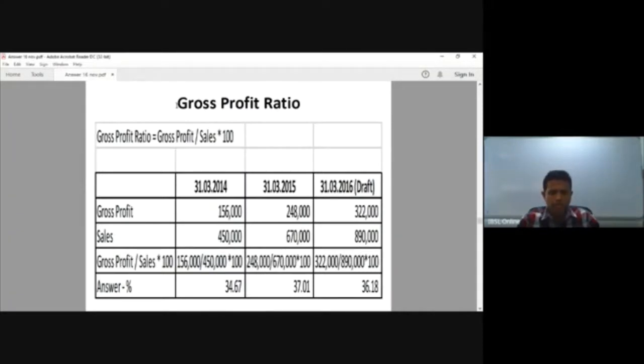You can see the first year 34%, second year 37%, third year 36%. There is not much difference in the gross profit ratio, but you can see a similar trend.